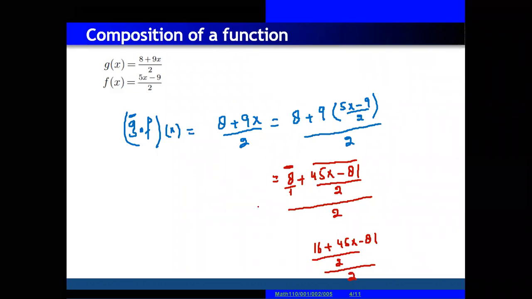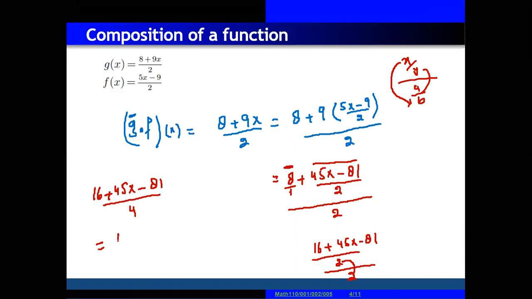If we have a fraction like x divided by y and a whole like a divided by b, then we multiply the numerator with the denominator of the second. So we have this function: 16 plus 45x minus 81, divided by, simply, 2 times 2, which is equal to 4.